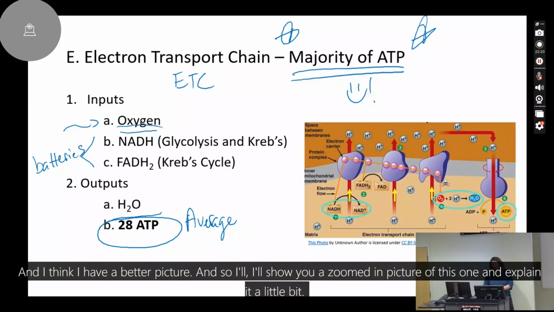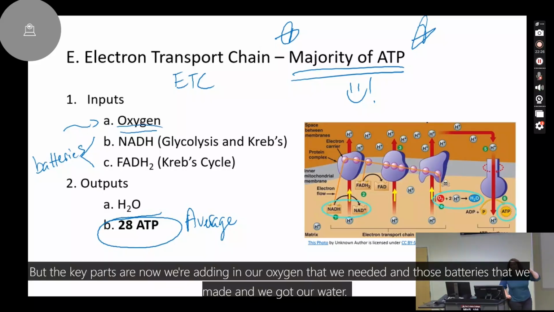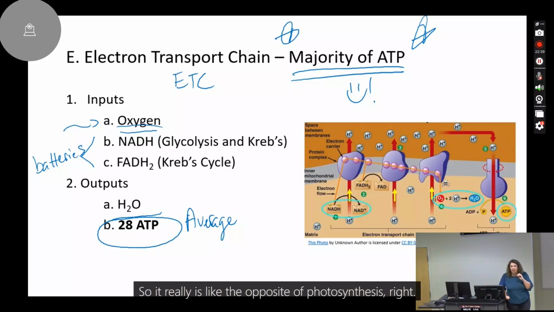I'll show you a zoomed in picture of this one and explain it a little bit. But the key parts are, now we're adding in our oxygen that we needed, and those batteries that we made, and we get out water. It's kind of funny. Last time we split water, and now we're going to make water. So it really is like the opposite of photosynthesis. Okay? And we get 28 ATP.